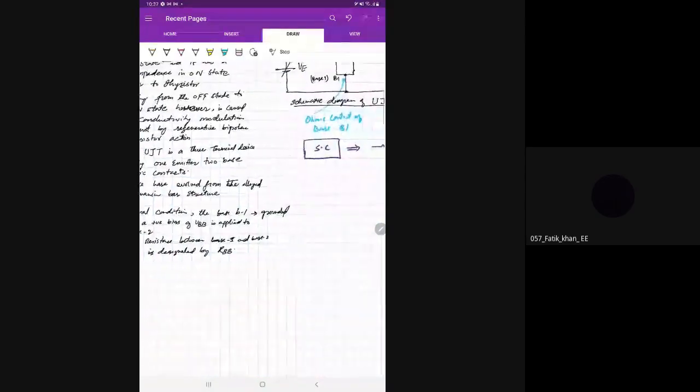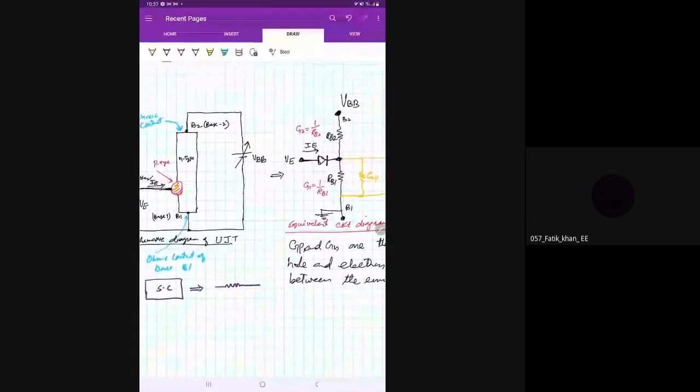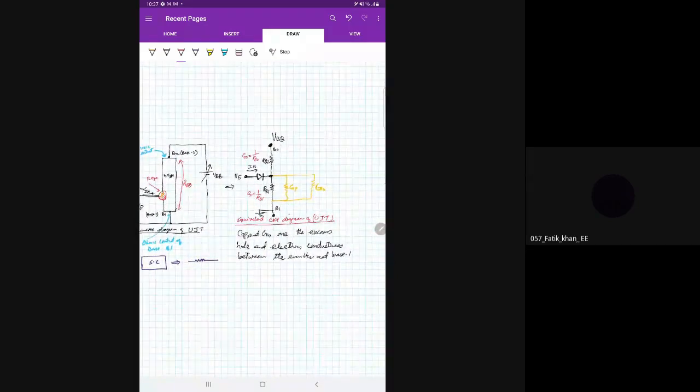What I want to say is that the resistance between base B1 and B2 is designated as RBB. So what is RBB equal to?